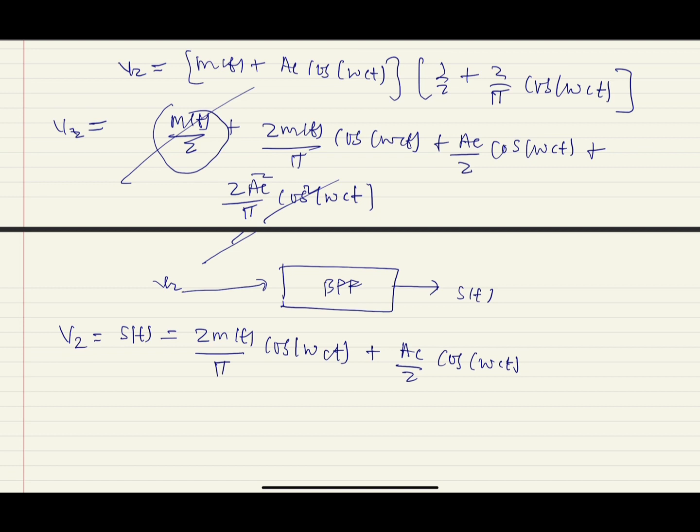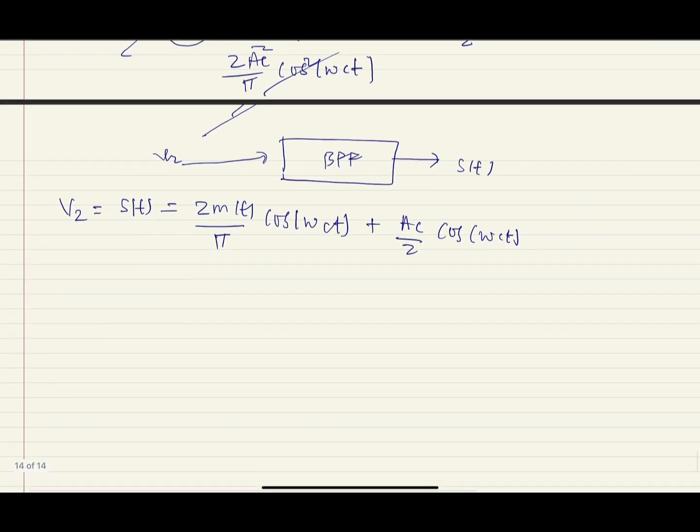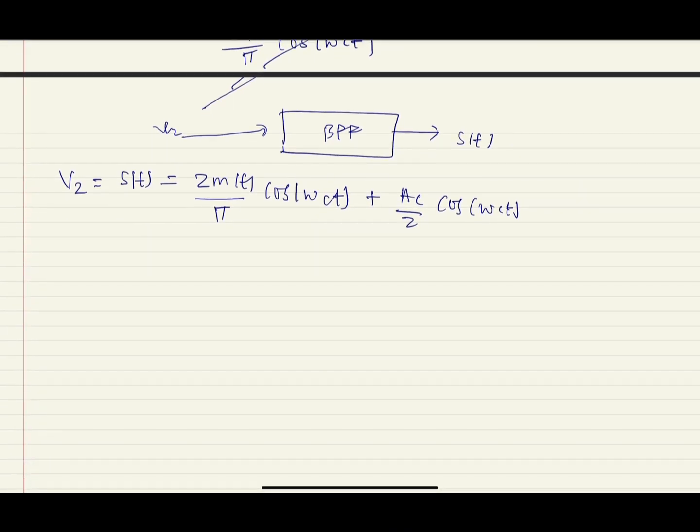So aside from that, we can do a little bit of algebra to factorize some things out. We can see that we have our cos omega ct out. We get AC over 2 plus 2m of t over pi.